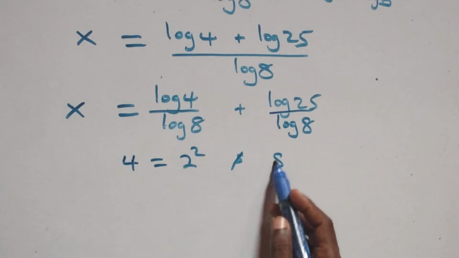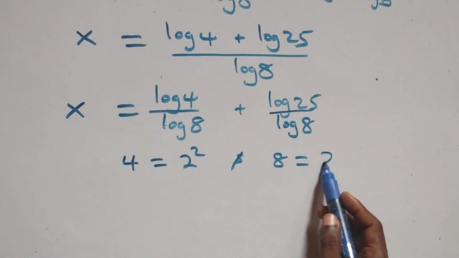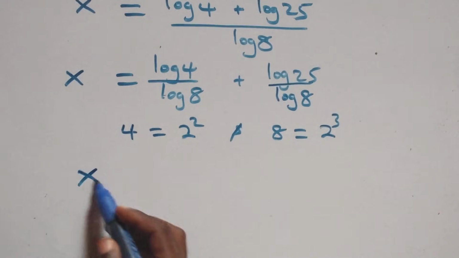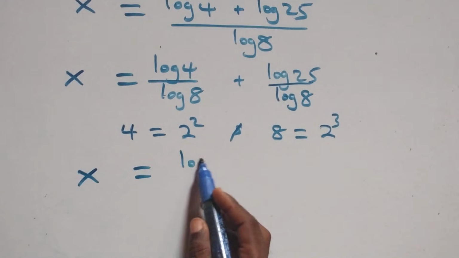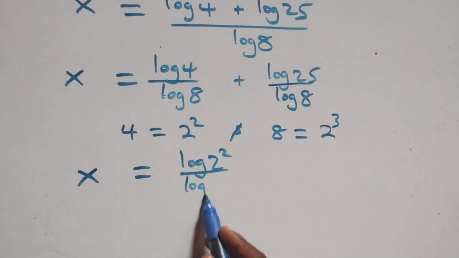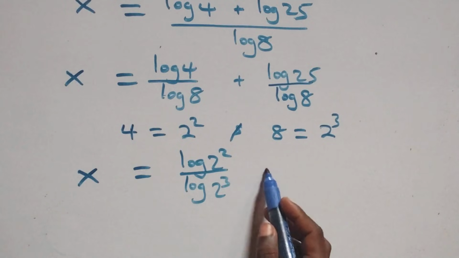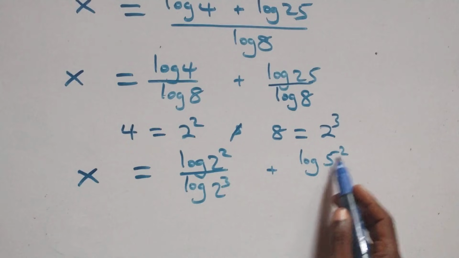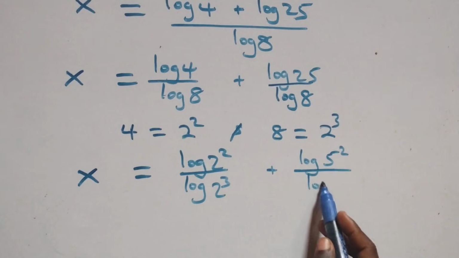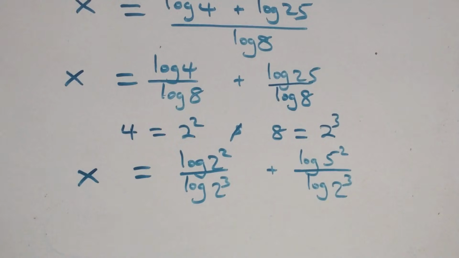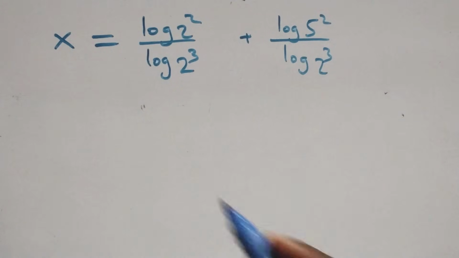And also 8 can be expressed as 2 times 2 times 2, that's 2 cubed. Then what we have here becomes x equals log 2 squared over log 2 cubed plus log 5 squared over log 2 cubed.